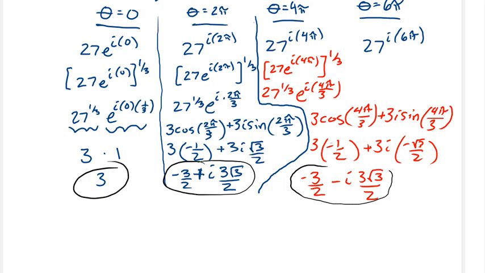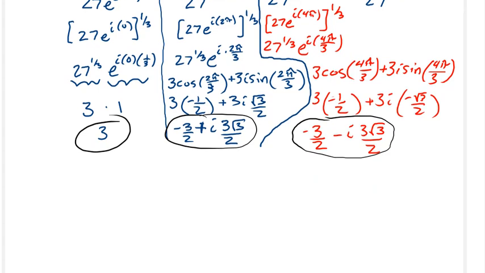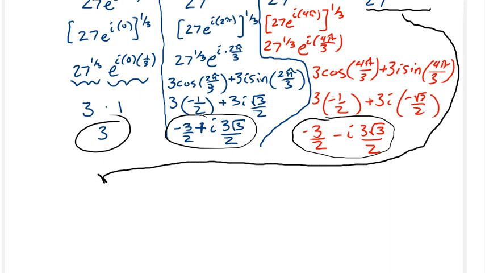Okay. So you might wonder, what happens when I use theta equals 6 pi? So let's give that a try. Here we'll have 27 e to the i times 6 pi raised to the 1/3.